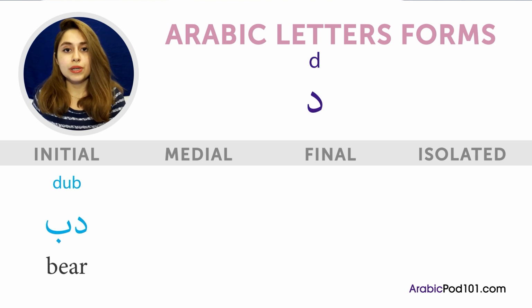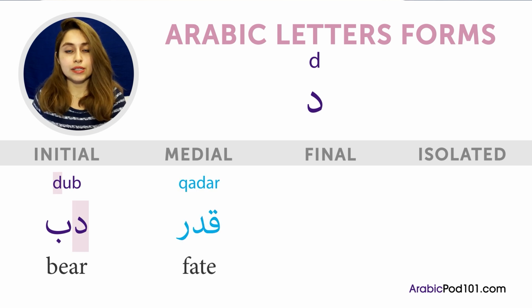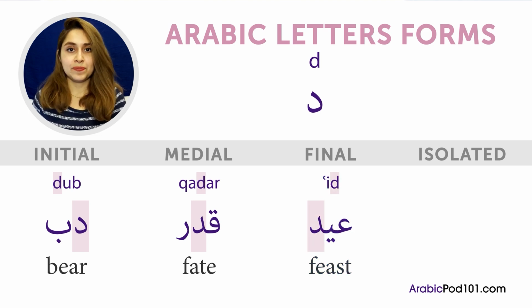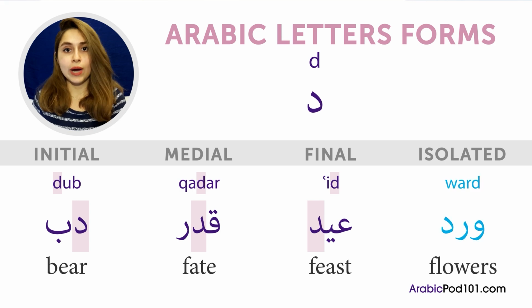Initial, دب, bear. Medial, قدر, fate. Final, عيد, feast. Isolated, ورد, flowers. Did you notice the word Hamas in the examples? The Palestinian organization Hamas actually means enthusiasm in Arabic.